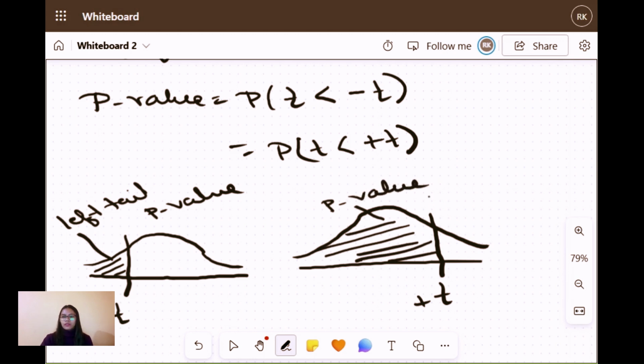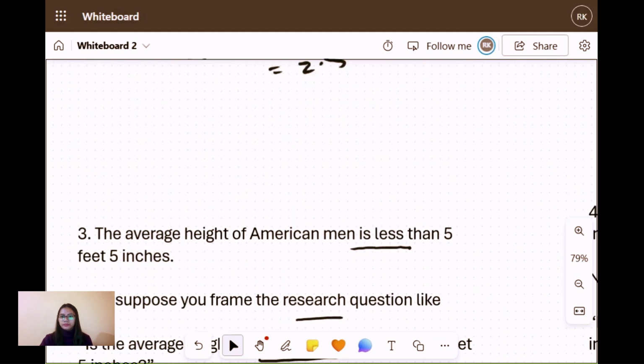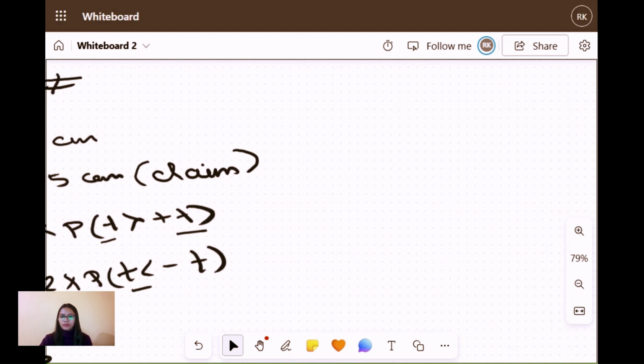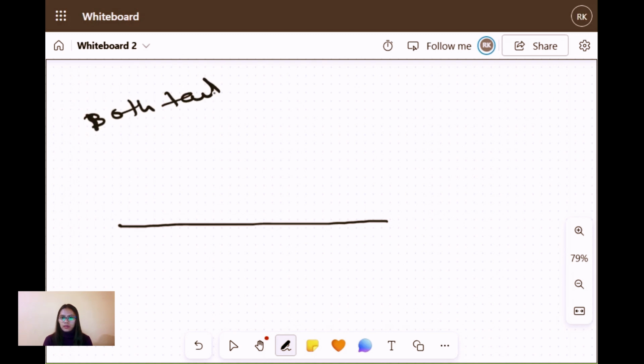And for both tails, which we already discussed, is also known as two tail.